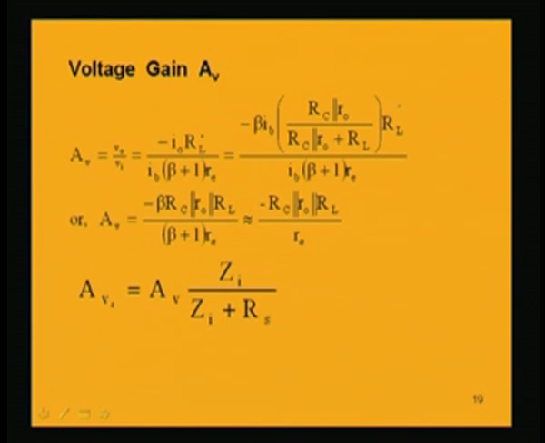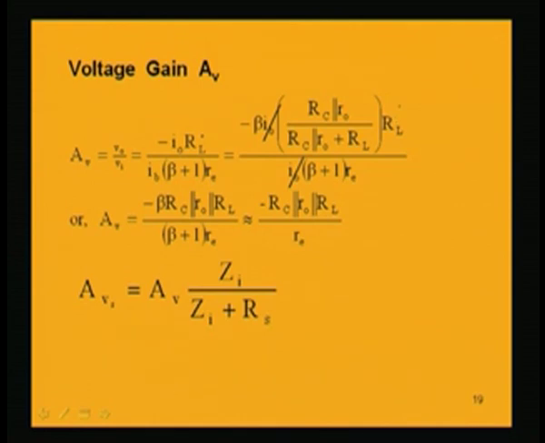This is then divided by Ib into (beta plus 1) RE. Now I can cancel out beta and Ib, and I am left with minus beta into RC parallel R0 into RL by RC parallel R0 plus RL. This is nothing but the parallel combination of RC parallel R0 and RL.